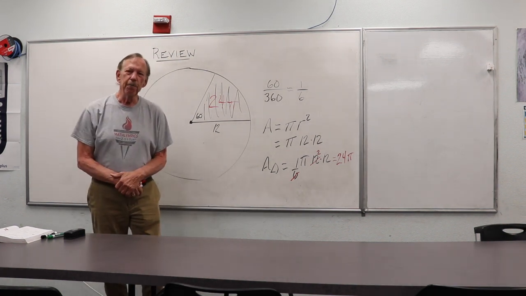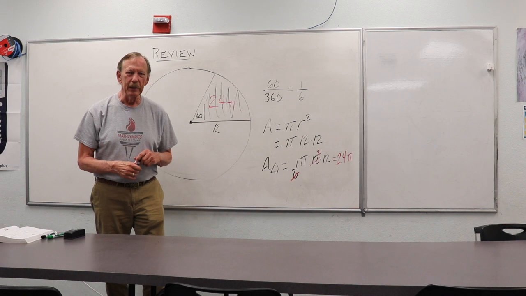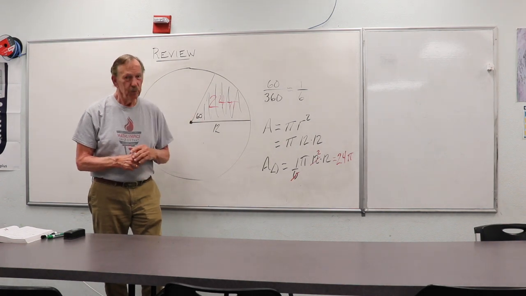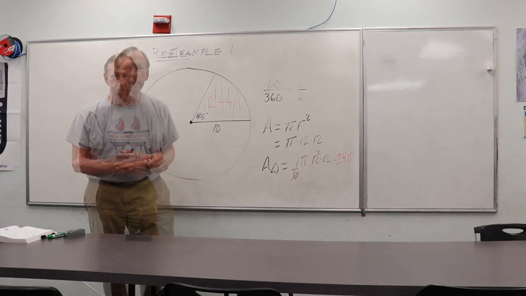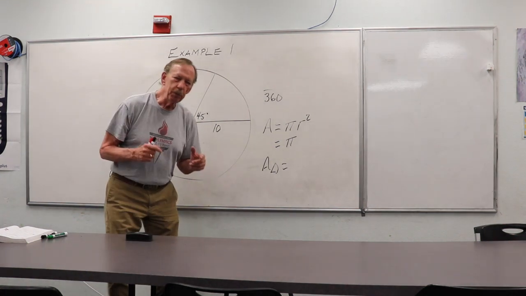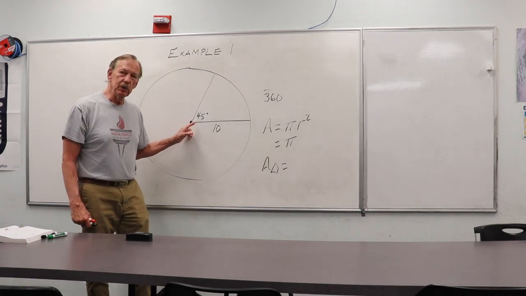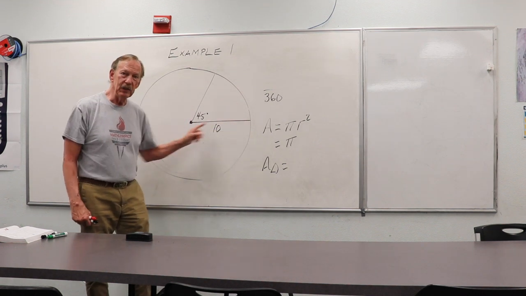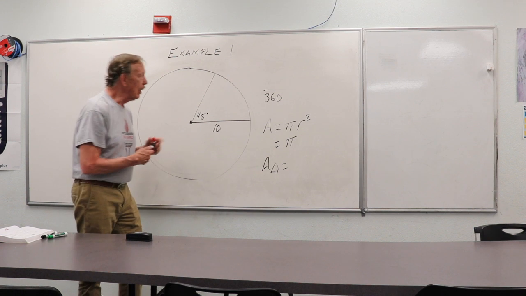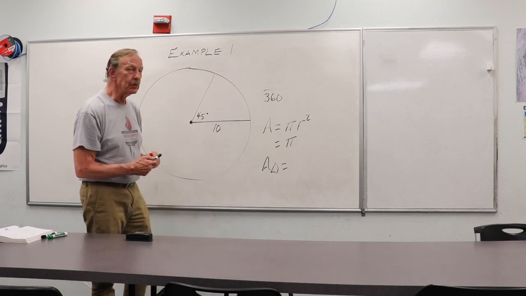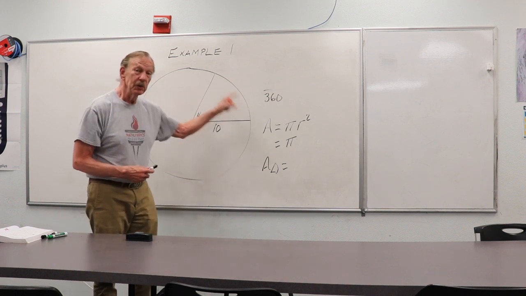We're going to do a few more examples here. This was just to tickle your mind and remember what you did yesterday. In example 1, this angle is 45 and the radius is 10. So what we're looking for is how much of the circle is in this sector.